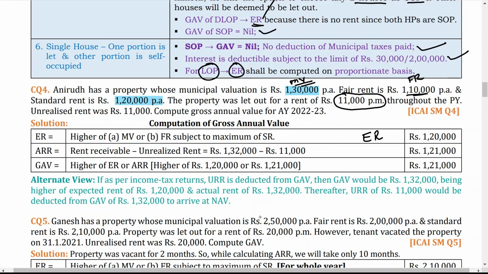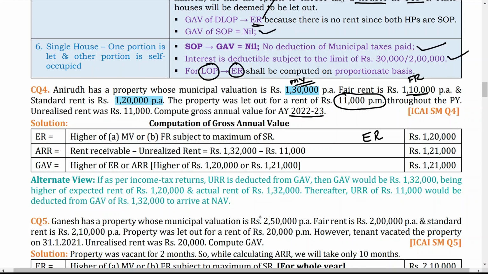One more thing is given. The property was let out on rent of 11,000 per month throughout the previous year. Unrealized rent was 11,000. So now you can deduct unrealized rent also. Compute gross annual value for the assessment year 2022-23. In that case, 1,32,000 minus 11,000, so 1,21,000, because to find out ARR the formula is rent receivable minus unrealized rent.